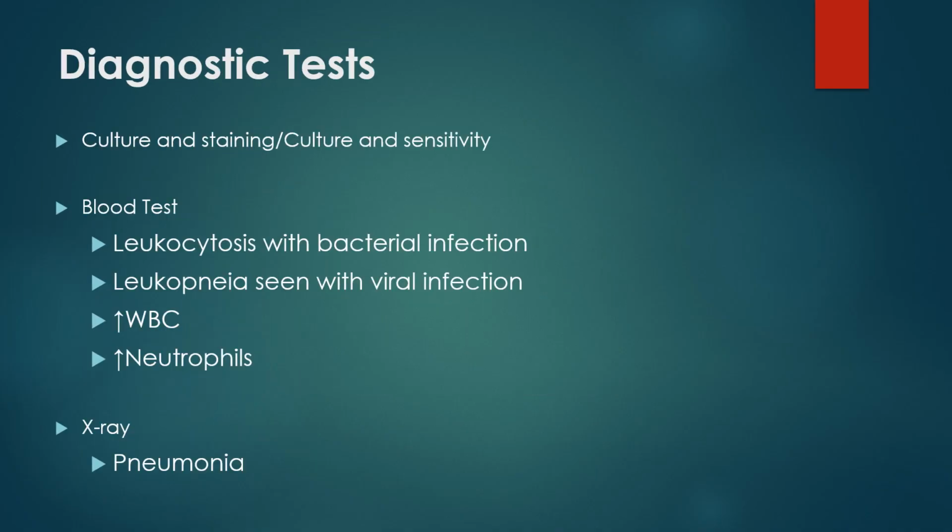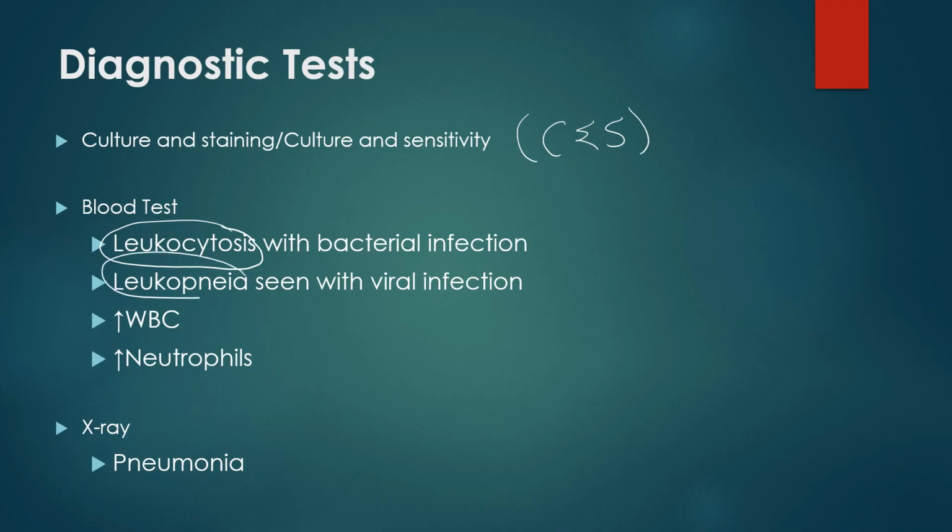When we look at our diagnostic tests, culture and sensitivity, which you would often see referred to as C and S, is something where we take that sample that we're going to test, or we take blood, and we're going to grow it on that agar plate and decide what type of microbe the patient is developing. Other blood tests, we're going to look at the white blood cell, and so we're looking for an increase in white blood cells, which is leukocytosis.